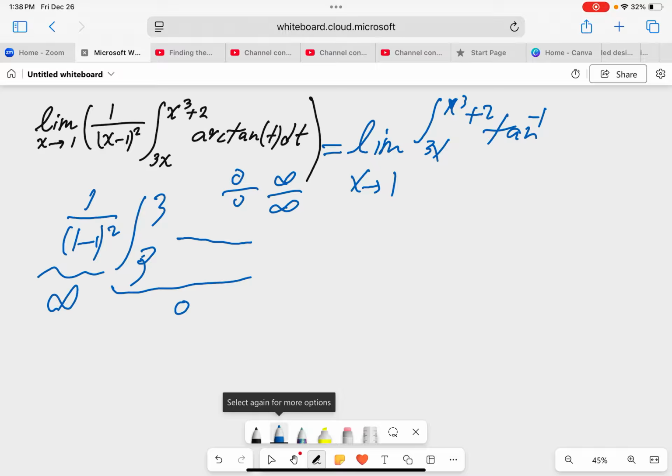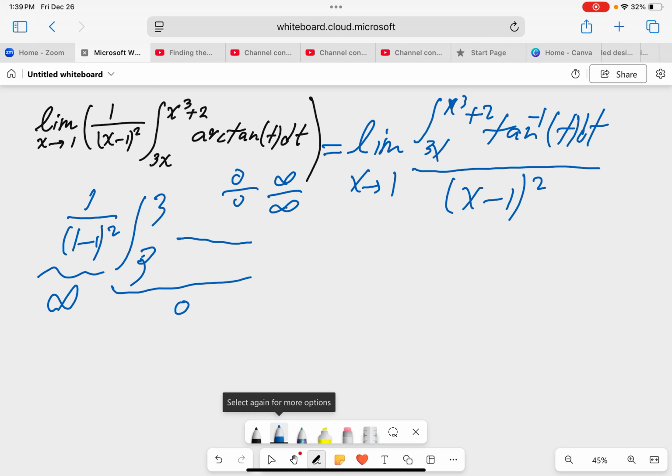It's not technically a power. It's not going to say 1 over tangent of x. It represents the inverse of the tangent. All right. So it's going to be dt, and then this is going to be over x minus 1 to the power of 2. So basically, I rearranged the original limit that was given to us in this form.